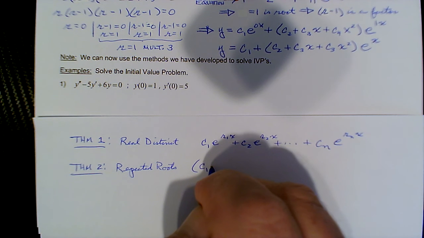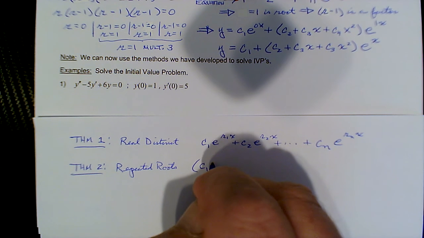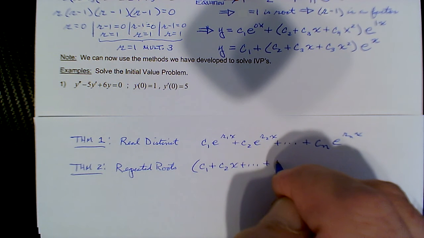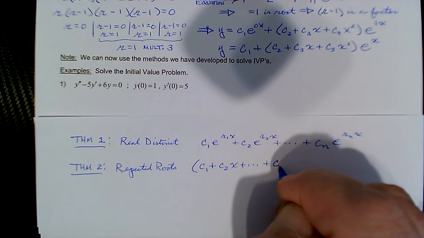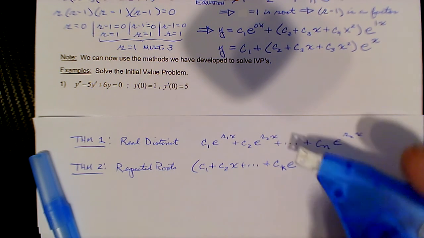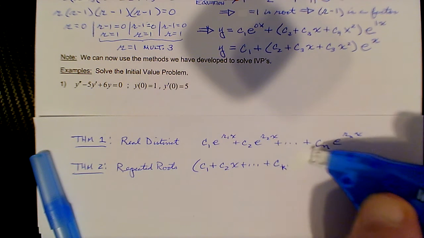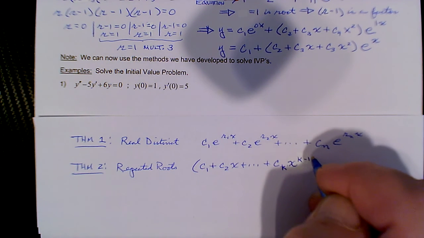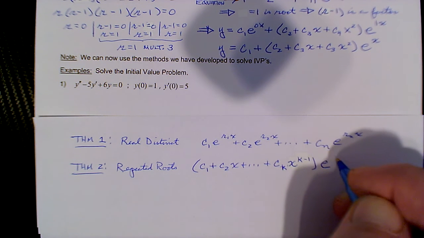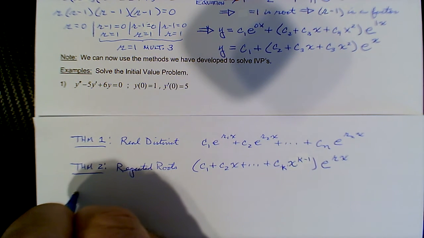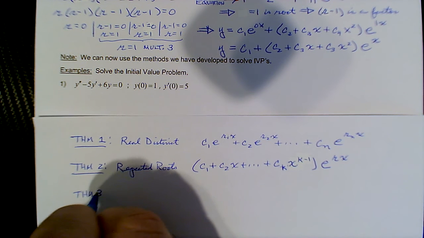And the part of the general solution was c1 plus c2x plus ... plus c sub k times x to the k minus 1th power, times e to the rx, where r is the common root, that's repeated with a multiplicity of k.